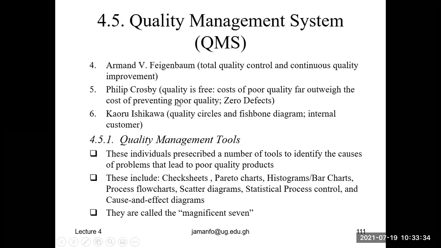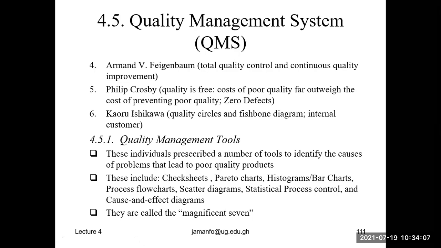We have Philip Crosby, who advocated the idea that quality is free, which means the cost of poor quality far outweighs the cost of preventing poor quality. So he engineered the idea that yes, we could build zero defects into products. Then we have Kaoru Ishikawa, who promoted quality circles and the fishbone diagram. So the internal customer.